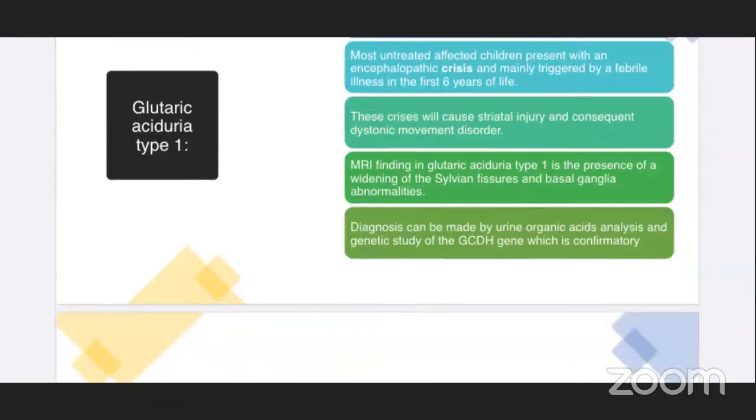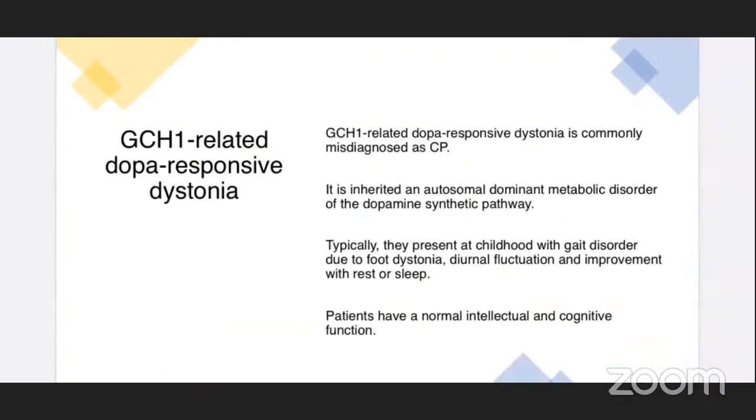Moving on to the next condition, we have GCH1-related DOPA-responsive dystonia. It is commonly misdiagnosed as cerebral palsy. It is an autosomal dominant metabolic disorder of the dopamine synthetic pathway. Typically, patients present in childhood with gait disorder due to foot dystonia, diurnal fluctuation, and improvement with rest or sleep.